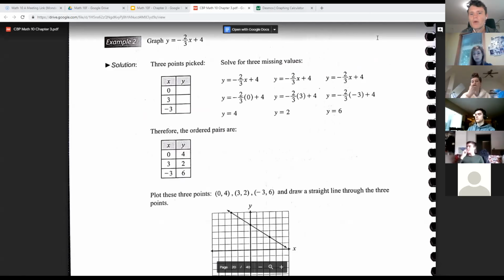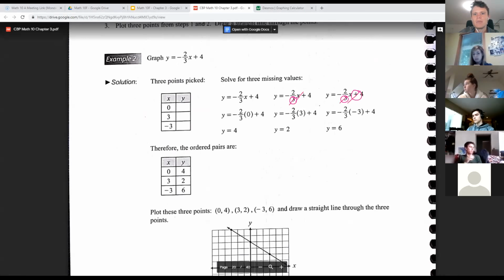I suppose one important thing is that they did pick multiples of this value, this denominator, right? This made their calculations easier because when we've got -2/3 times 3, we realize that the 3's just cancel out and we get nicely -2. Over here, when we have 3 and -3, again, our 3's cancel out, right? We end up with whole numbers rather than fractions.